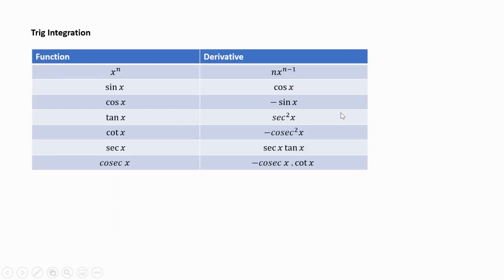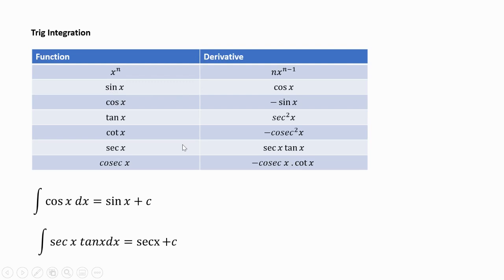Okay, so what I want to start with is just simple reading from your table, just trig integration when you've got single angles. Okay, so the idea is, off the table here, if I ask you for the integral of cos x, you would look at the table and go, okay, cool, my antiderivative is the opposite of my derivative, so therefore I'm looking at sine x plus c.